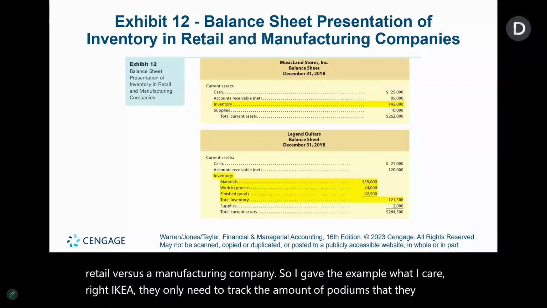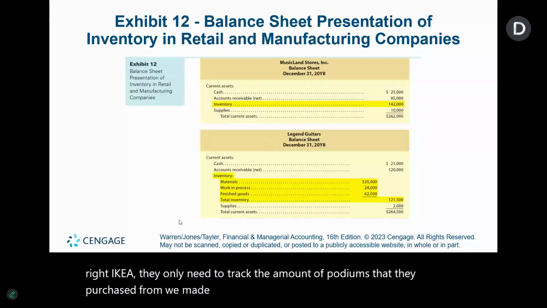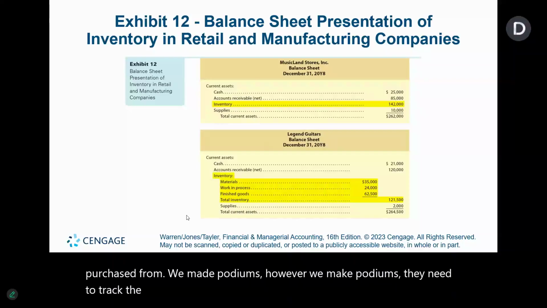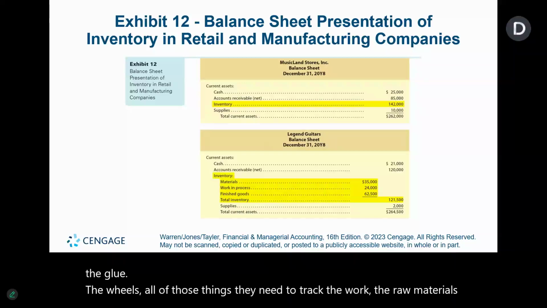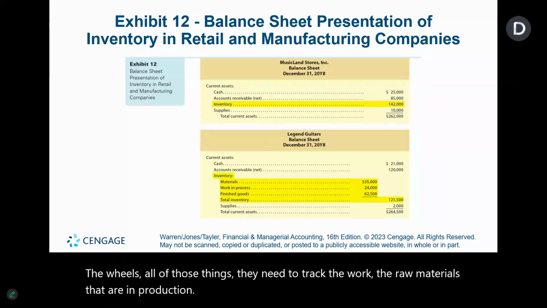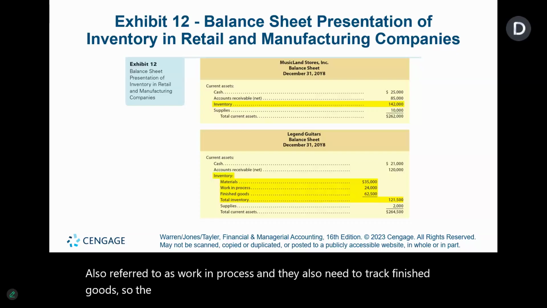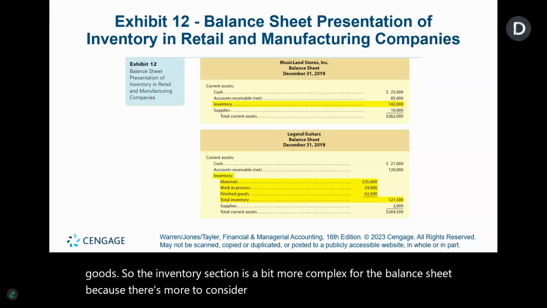However, We Make Podiums needs to track the raw materials, the wheels, all of those things, the raw materials that are in production, also referred to as work in process, and they also need to track finished goods. So the inventory section is a bit more complex for the balance sheet because there's more to consider for a manufacturing company in comparison to a retail company.